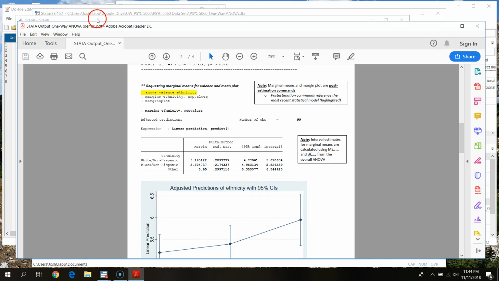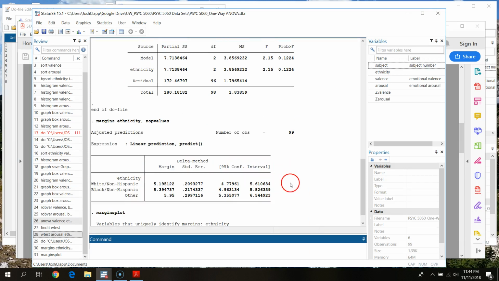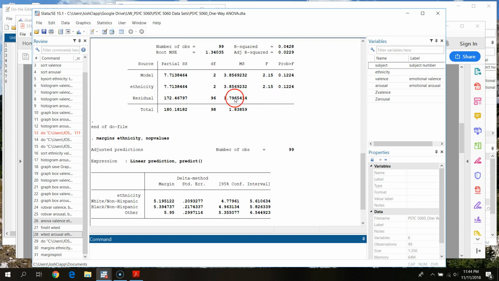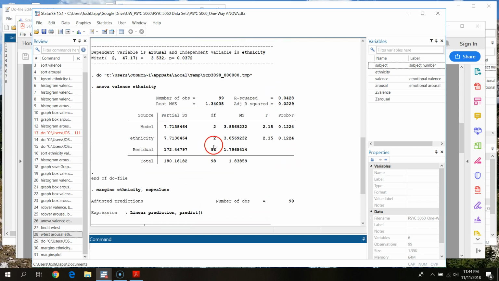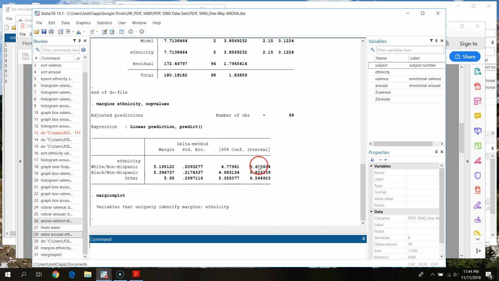One thing to note is that the 95% confidence intervals that you've run here are going to be using your mean squared residual as your error term. Basically, this is just your pooled variance estimate across all of your groups here. So note that that's the variance estimate that's going into the calculation of your confidence intervals here.